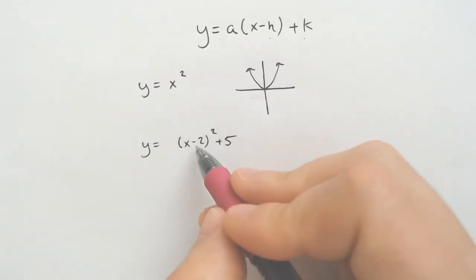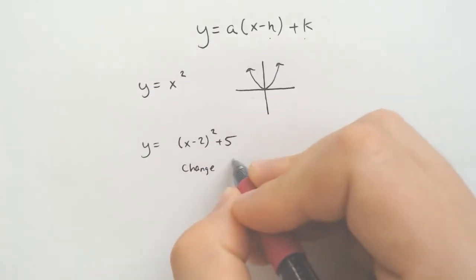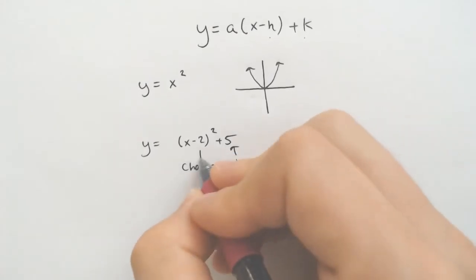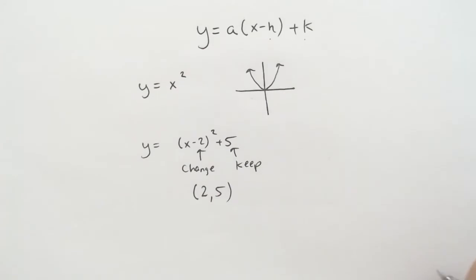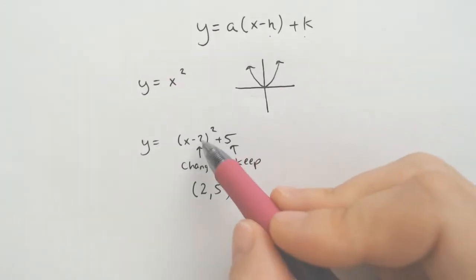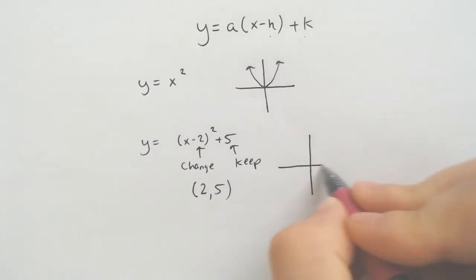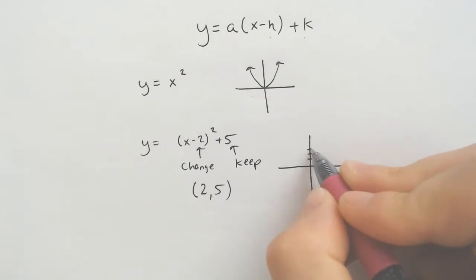So here, if it's in the parentheses, you will change the sign, and if it's outside of the parentheses, you will keep the sign. Better known as finding the vertex of the parabola. So the vertex is actually (2, 5) of this parabola. So we're going to go to the right by 2 and up by 1, 2, 3, 4, 5.